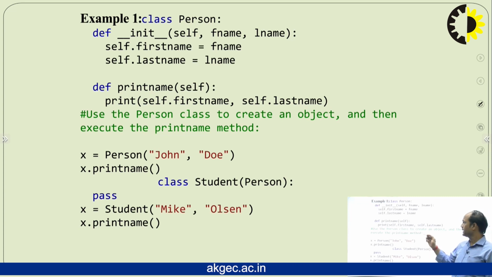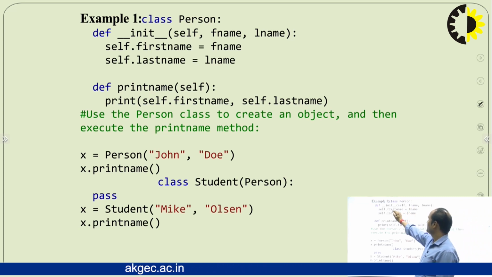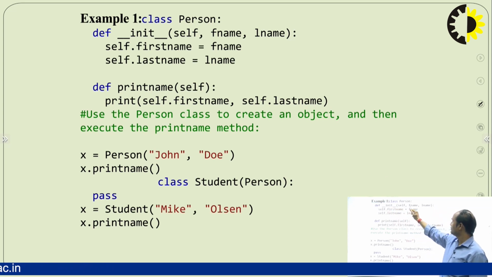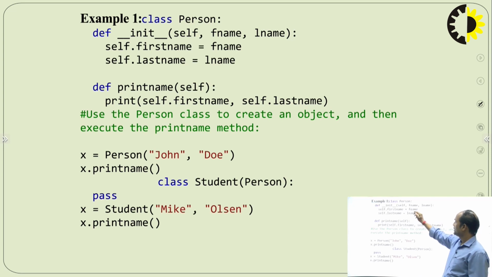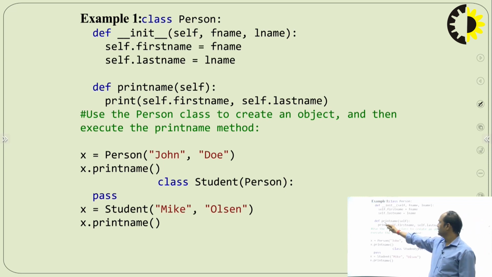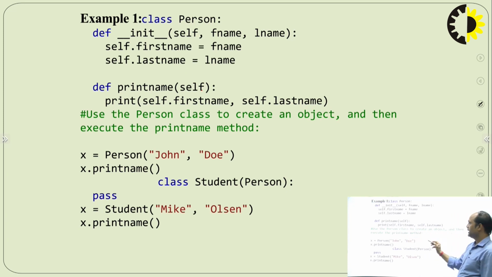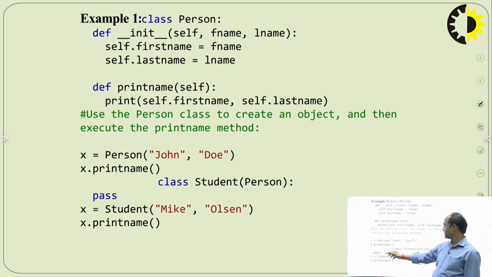Suppose this is a class person, with an initialization function that uses self, first name, last name. This is a simple class that we have already seen, and the definition print name prints self.first name, self.last name. Use the person class to create an object and then execute the print name method. This is a class, and this is a keyword used, that is pass.